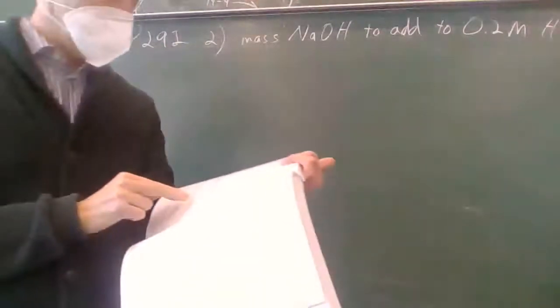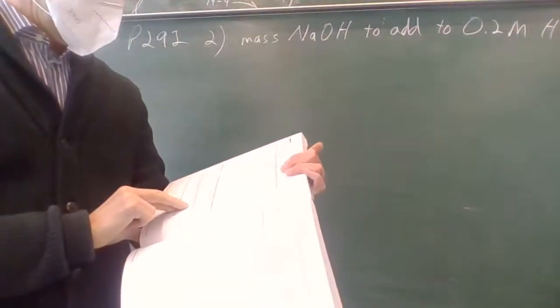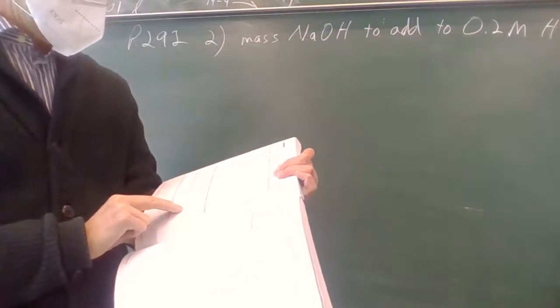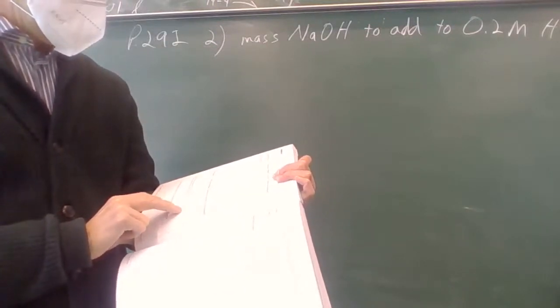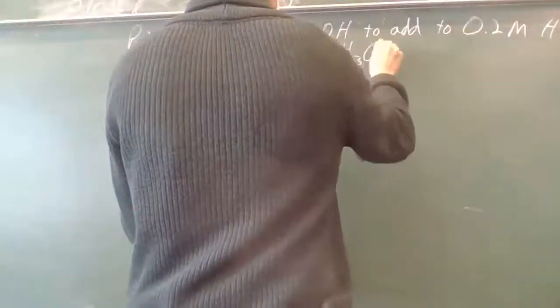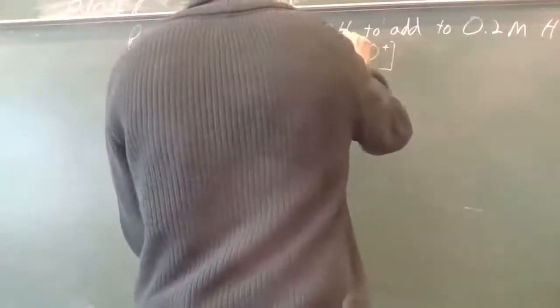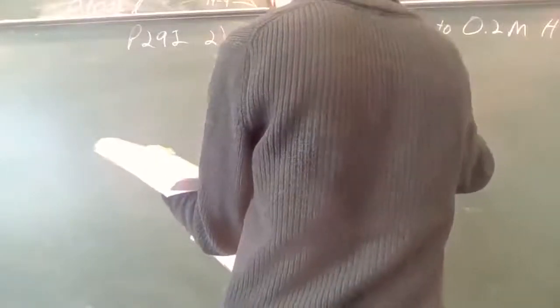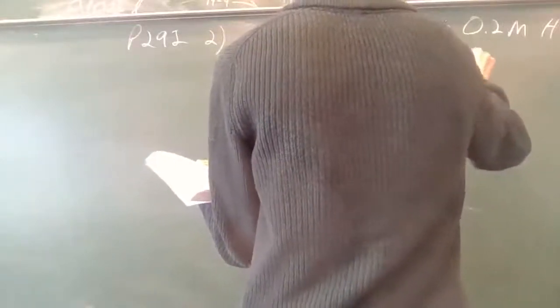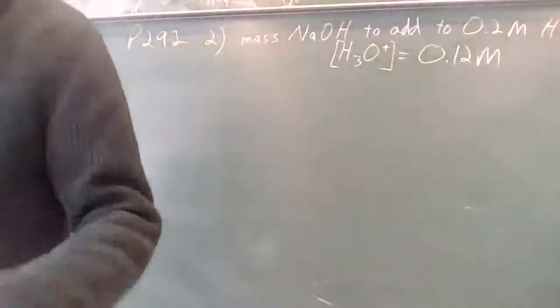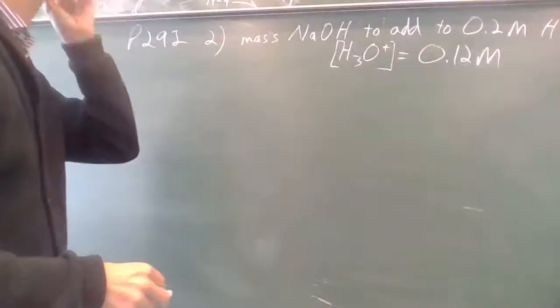Strong acid, good. In order to get a solution with H3O plus concentration of 0.12 molar. Assume no volume change when we add the NaOH. Okay, good. That's nice of them.